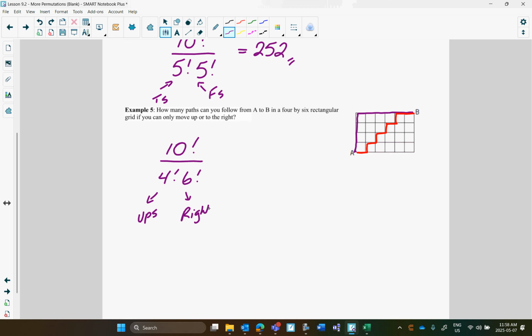Because if you look at the grid, no matter what path I choose, it's always going to contain 4 ups and 6 rights, right? Like this red one, it's got 1, 2, 3, 4 ups, 1, 2, 3, 4, 5, 6 rights. Every one of them will contain them. 210? That is correct.